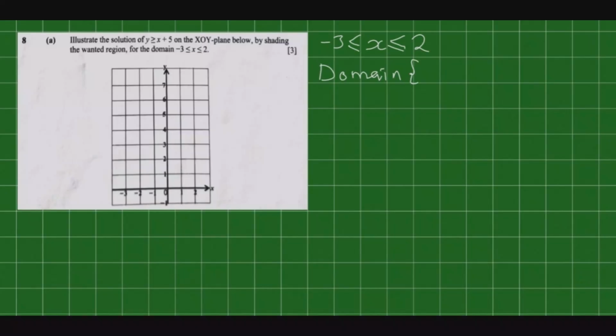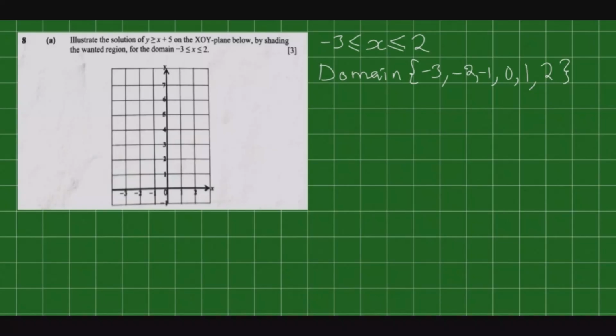We include negative 3 because it's equal to. So the members of the x-axis will be negative 3, comma, negative 2, comma, negative 1, comma, 0, comma, 1. Again, we include 2 because it's less than or equal to 2. So you say, comma, 2. These will be the members of the domain.